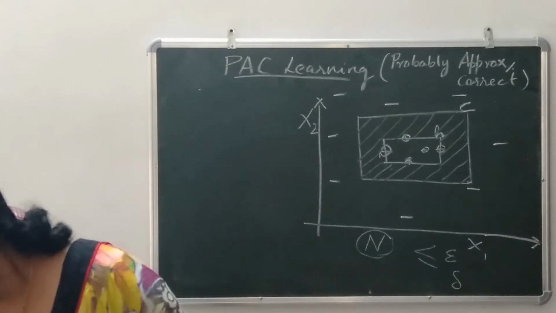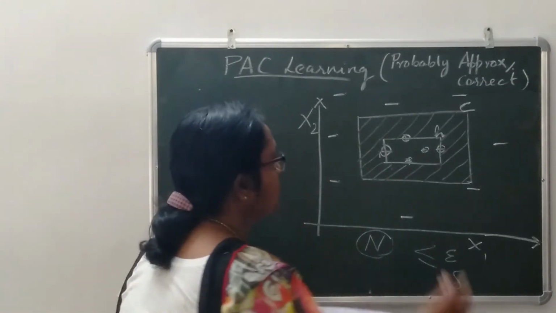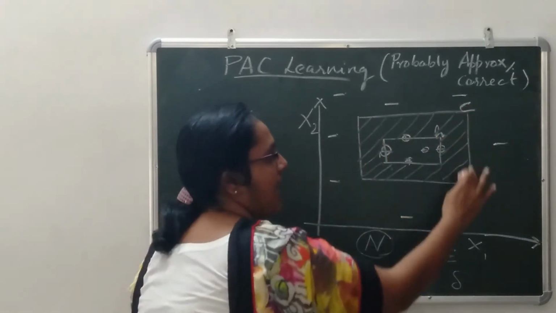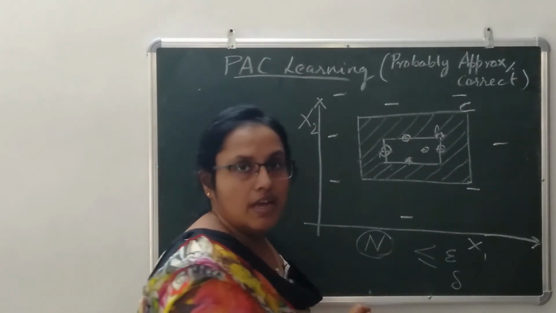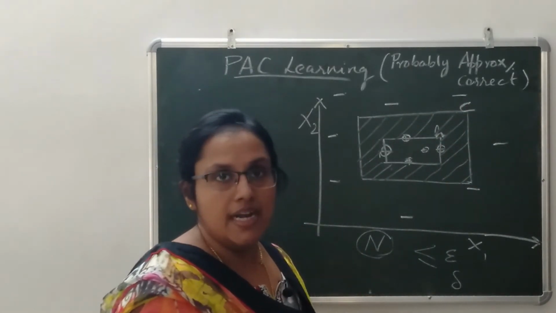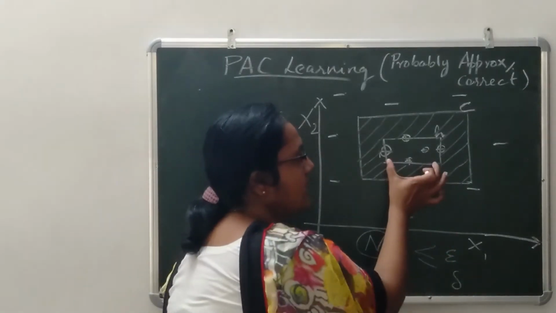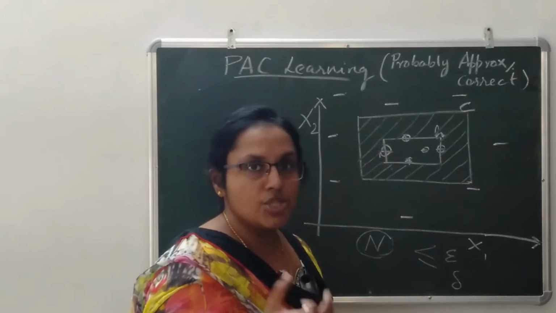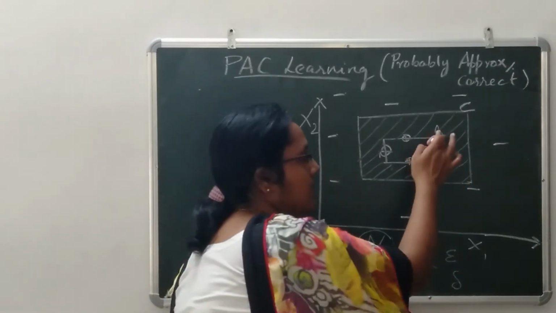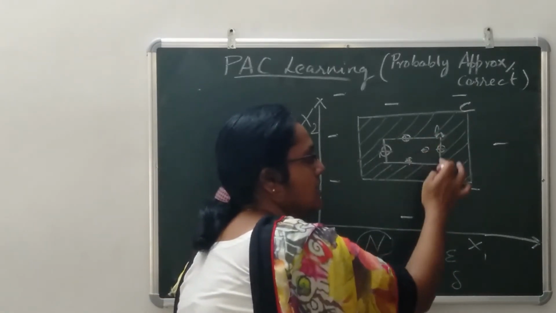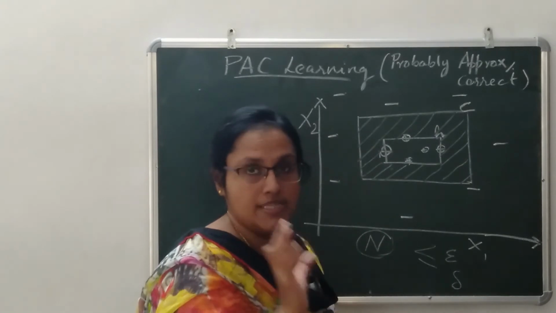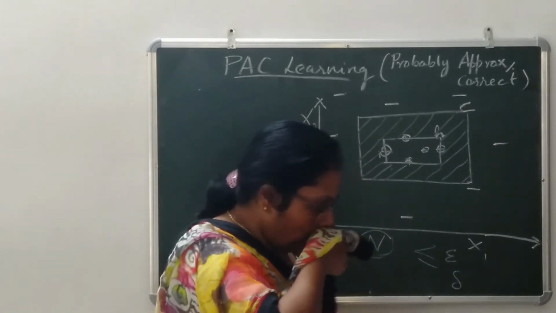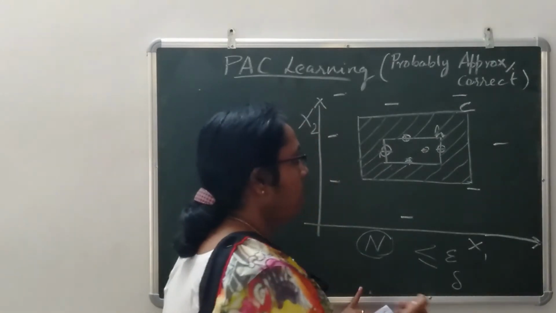Okay, now let's look at this itself. My problem is that this is my actual concept class, but when my learner is learning, I am only giving it these examples as the training samples. So it has decided that H is the hypothesis for this particular concept. Now what is the error?